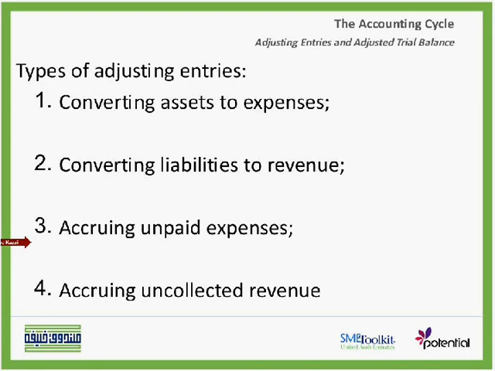The fourth one is the accruing of uncollected revenue. The revenue accrual is necessary when revenue has been earned in the current accounting period, but the cash will not be collected until the next period. Such examples of revenue accrual include interest earned.